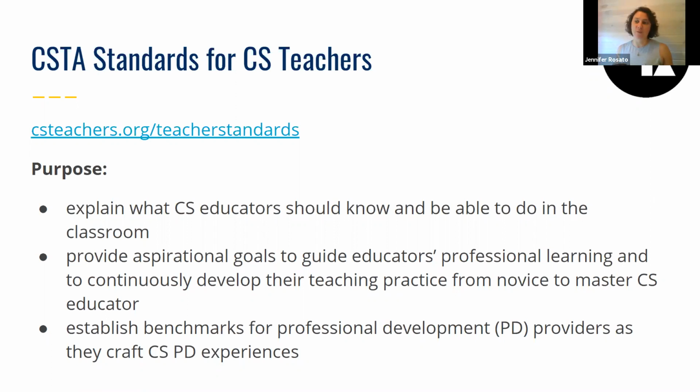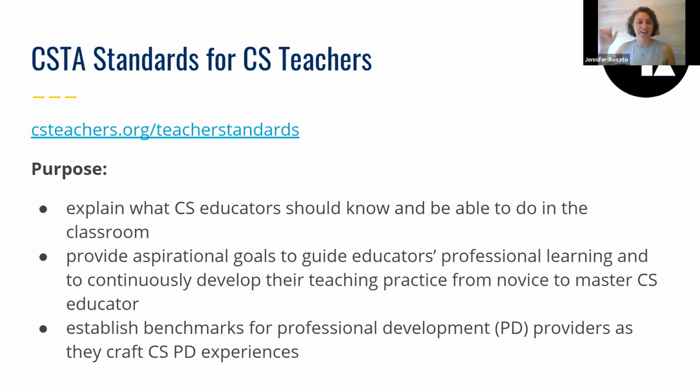They are very much a set of aspirational goals. I don't think anyone expects any educator to meet all of these standards, or maybe you meet some of them at one point in time and others at another point in time. They're there as an aspirational goal that you want to work towards. When I think about my classroom teaching of undergraduate students, I can look at this list and say, oh yeah, I could have improved that.